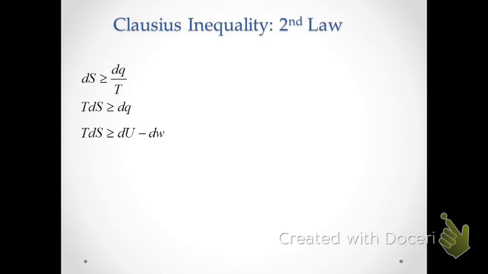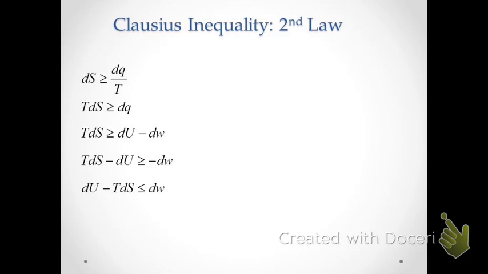Now, of course, we know that from the first law, dq is equal to dU minus dw, just a simple rearrangement. And if we take dU and move it over to the left side of the equation, we simply have this expression here, just a little bit of algebraic manipulation.